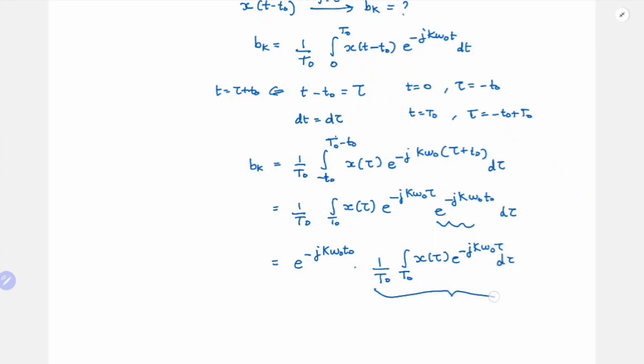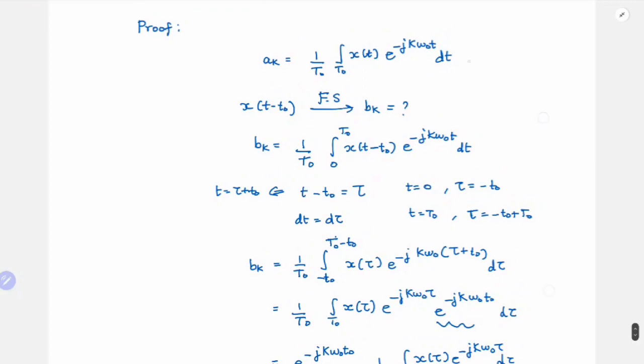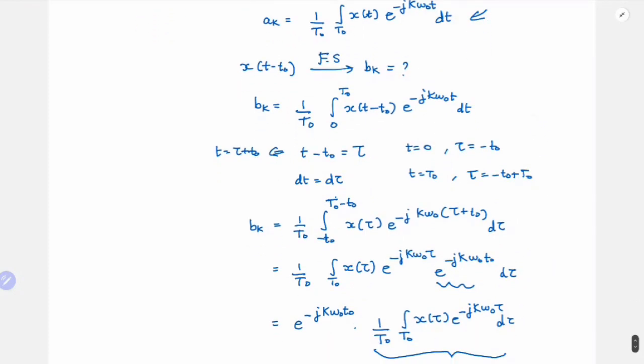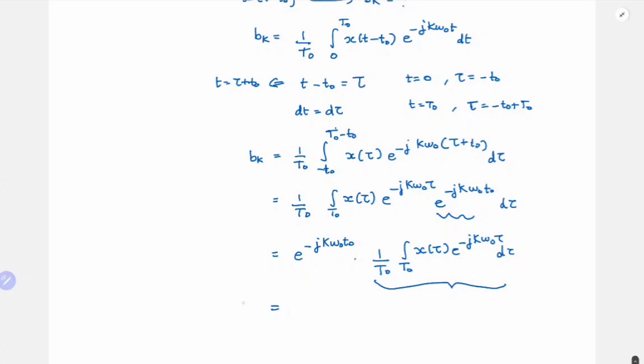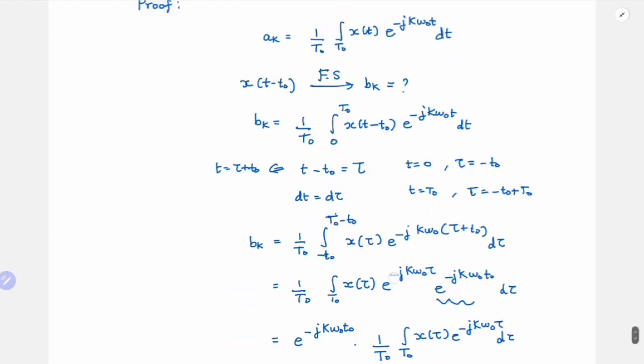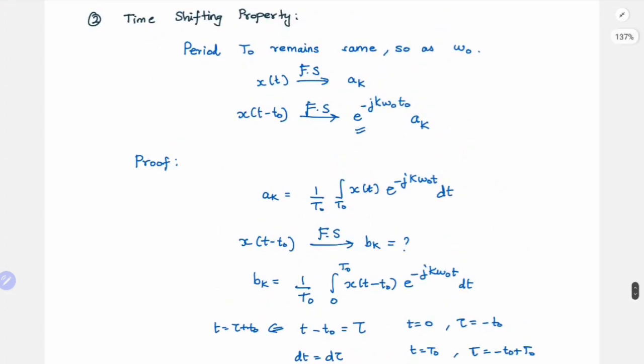If you observe this term, this is nothing but ak itself, right? We have 1 by T0 x of t e power minus jk omega naught t. So this is ak itself. So bk is nothing but e power minus jk omega naught t0 into ak. So this is what we wanted to prove in the beginning.